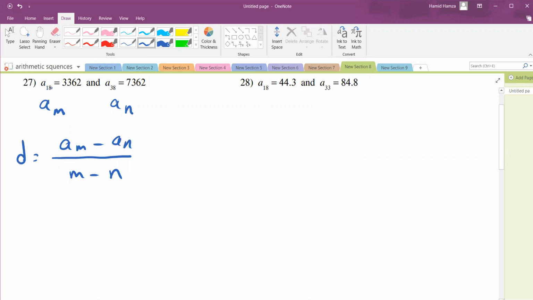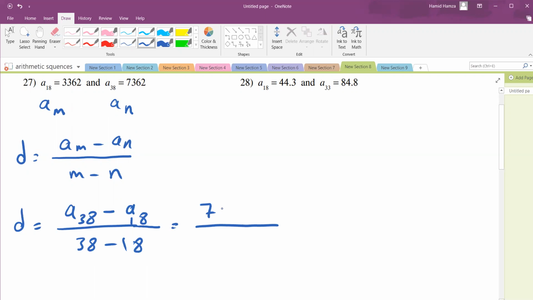So we'll apply it here. D will be equal to A38 minus A18 over 38 minus 18, like this. So let's substitute. It will be 7362 minus 3362 over 38 minus 18, which is 20.